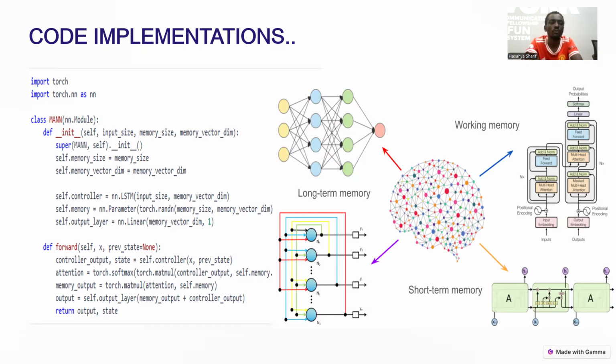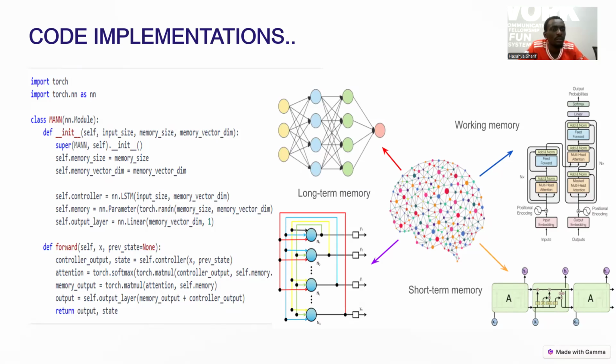Let's continue with some implementations of the classifications we mentioned. To begin with, let us begin with our MANN. In a simple implementation, we are implementing in Python and using the torch library. We begin by importing, and we create a class, giving it an obvious name, MANN.